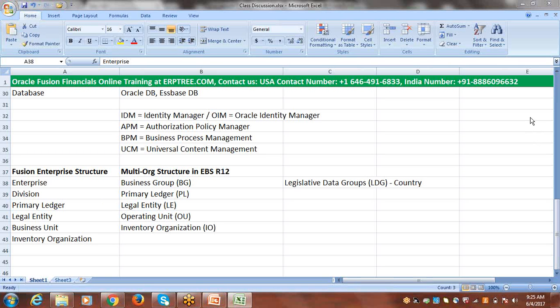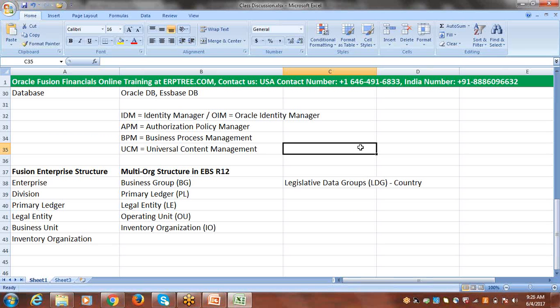What exactly do we define in the legislative data group? The legislative data group primarily defines which country it belongs to, and along with that country, which legal entity it will be associated with, and there is a lot of other information which will be set up.